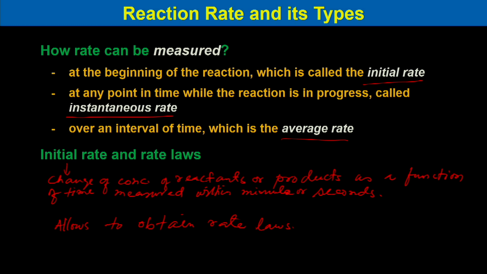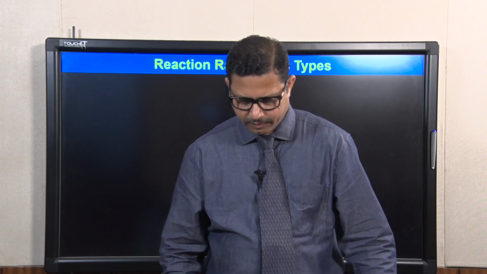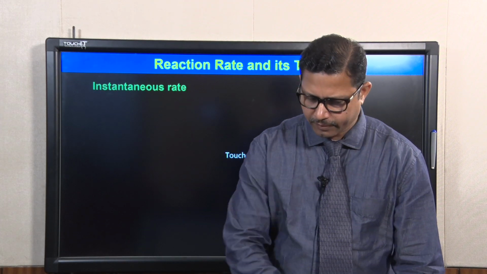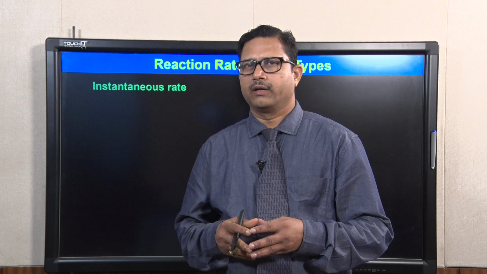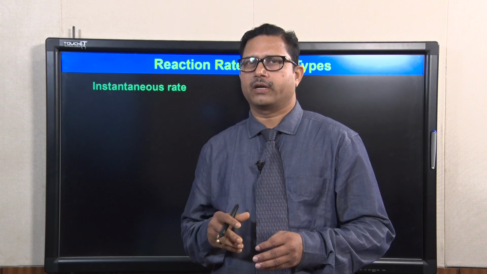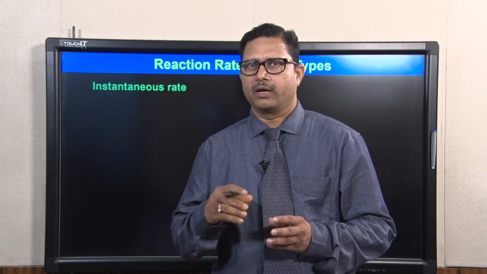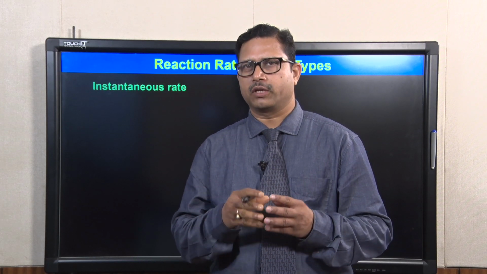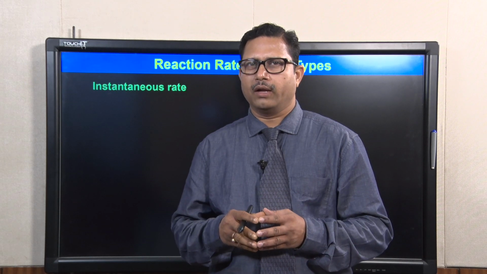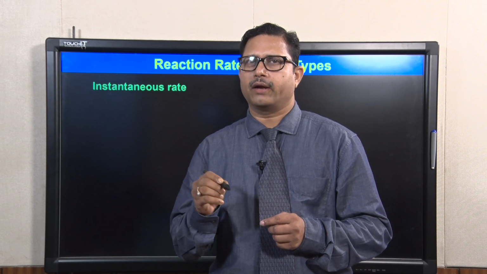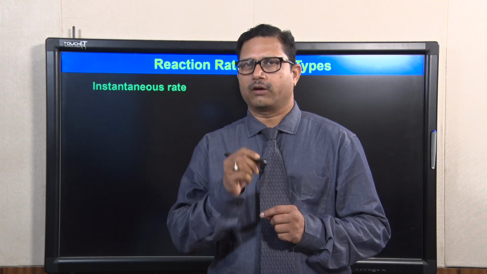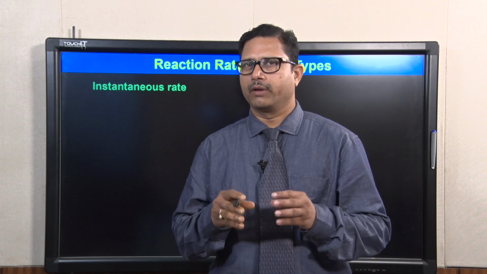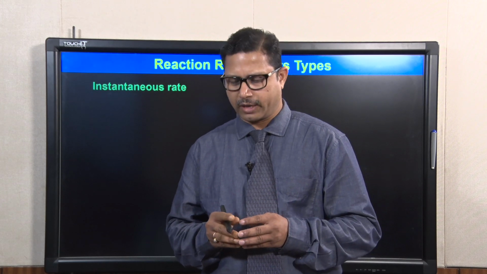Now, let us consider the instantaneous rate. The instantaneous rate can be calculated from the concentration time plot, that means the variation of concentration with respect to time. If we plot a tangent at any point on the concentration time curve, from the slope of that tangent we can calculate the instantaneous rate.